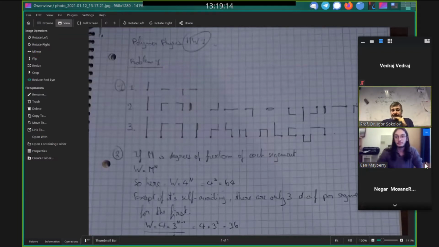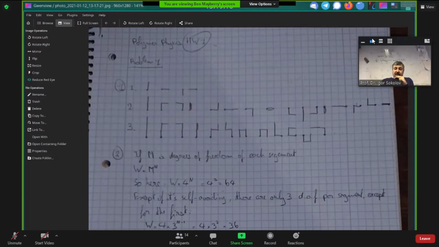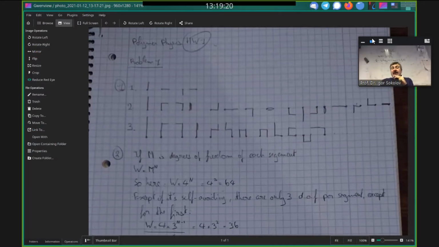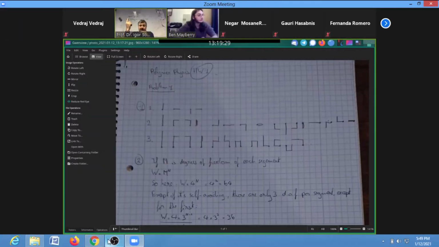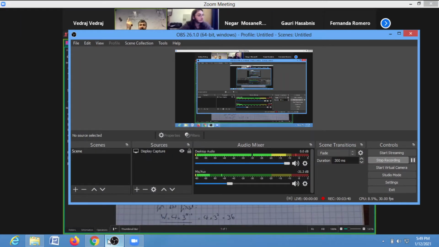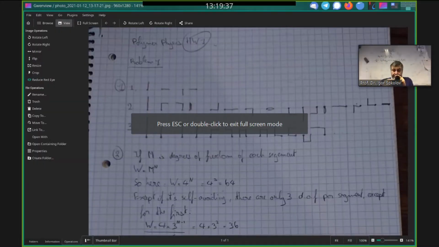Okay. But first, what you can do is to understand that you have a 4-fold symmetry. So the total number of configurations is 4 times the number of configurations in which the first segment is showing up.